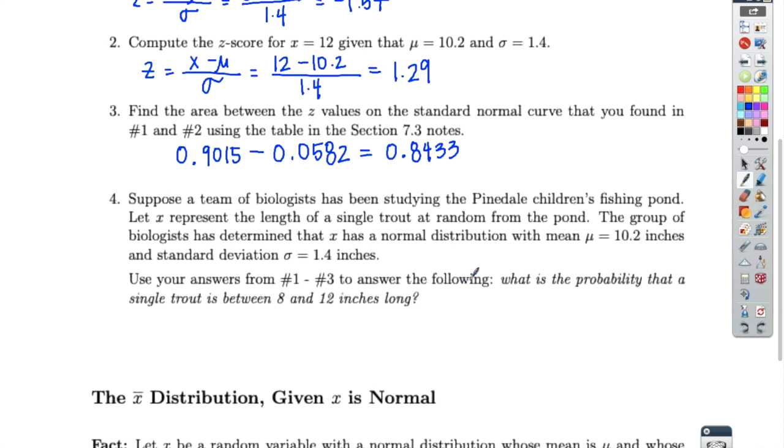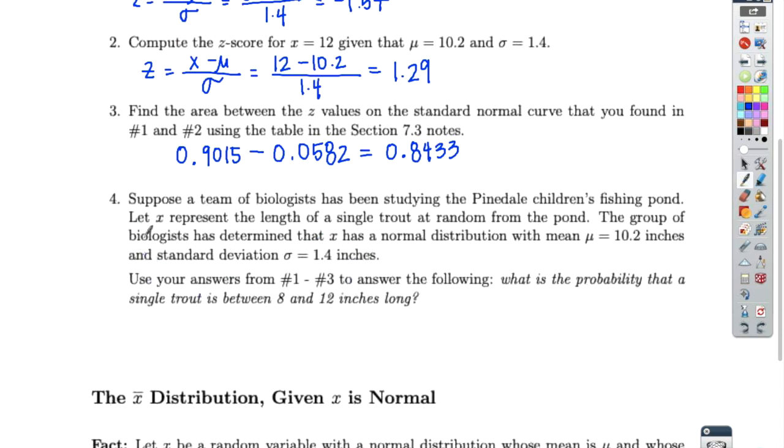So reading over this means for anyone who catches a single trout in this pond, the mean length of that trout is 10.2 inches long. And when we plot that entire distribution of all of those trout, the standard deviation is 1.4 inches.